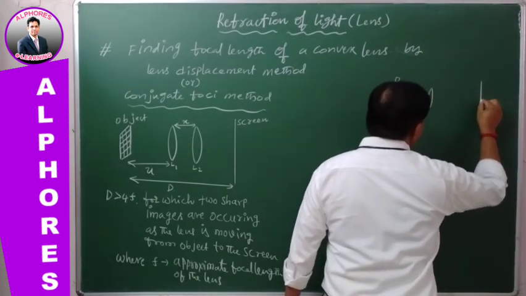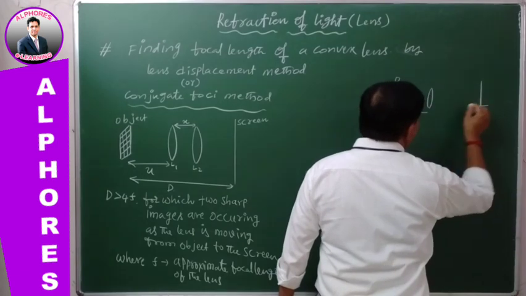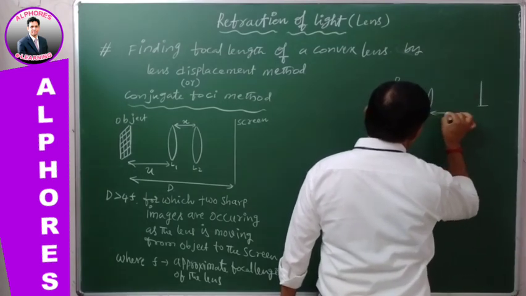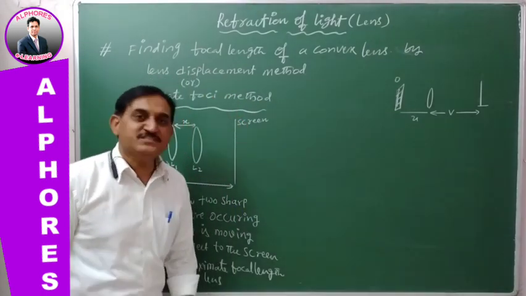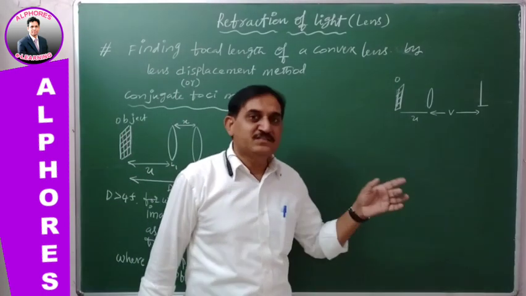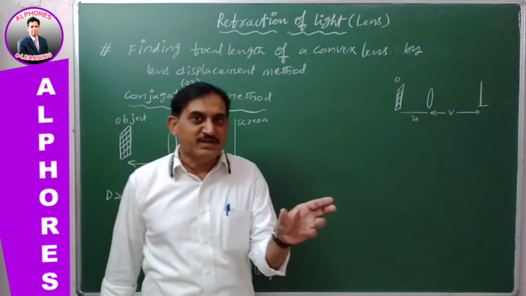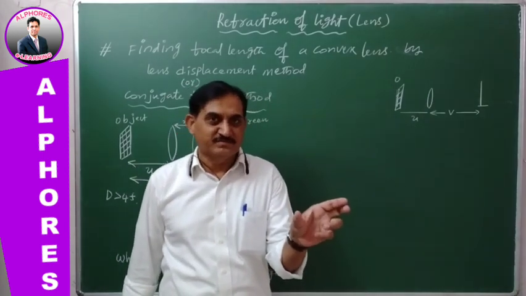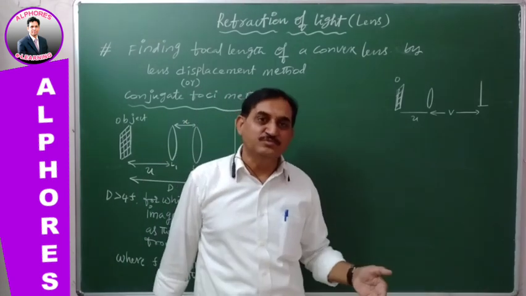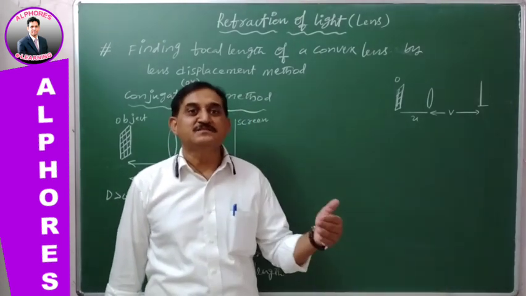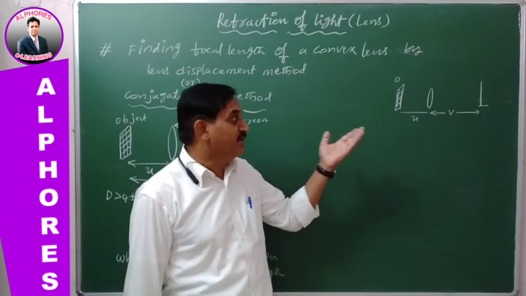Suppose the sharp image is obtained on the screen where the screen is kept, and its distance is measured, say v. So in this case, the object and the lens are kept at a particular, finite separation, and the screen is used to obtain the image of this object.